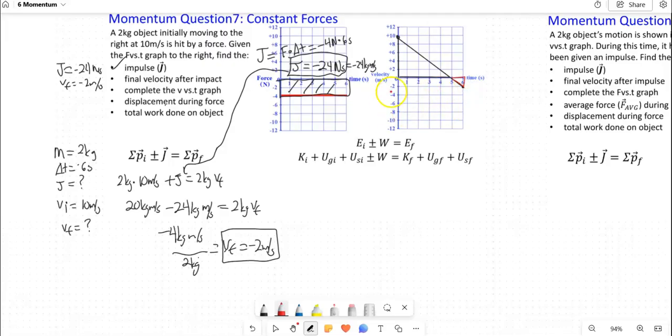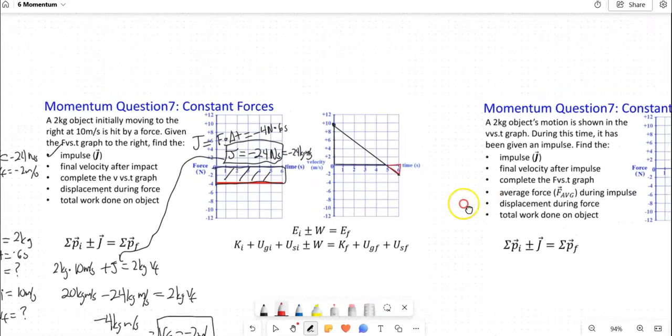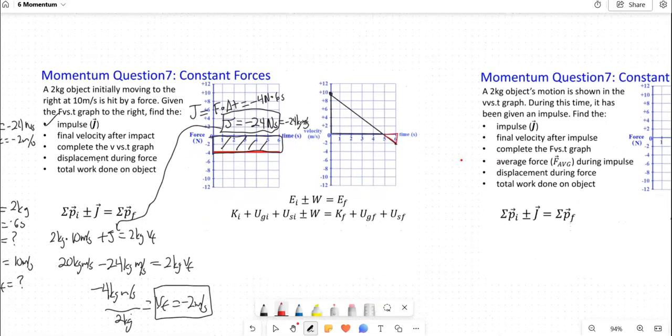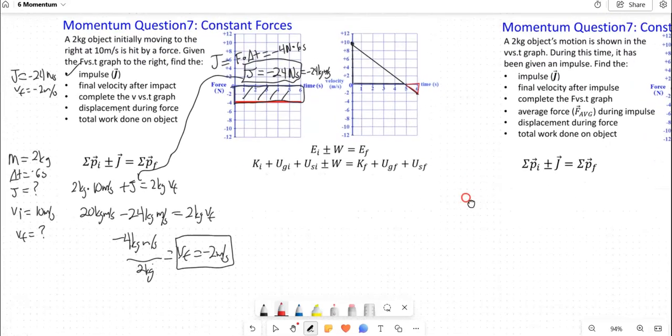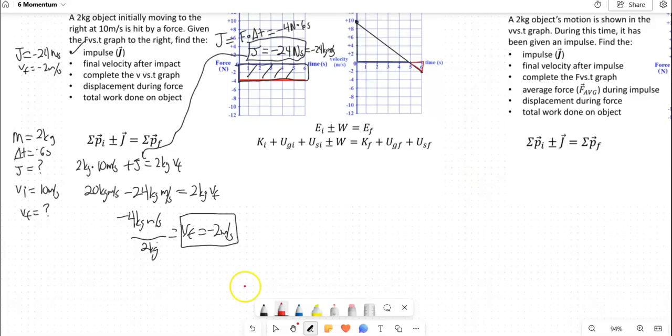Okay, so this top area right here, that top area, we're going to find the displacement of that black top area.